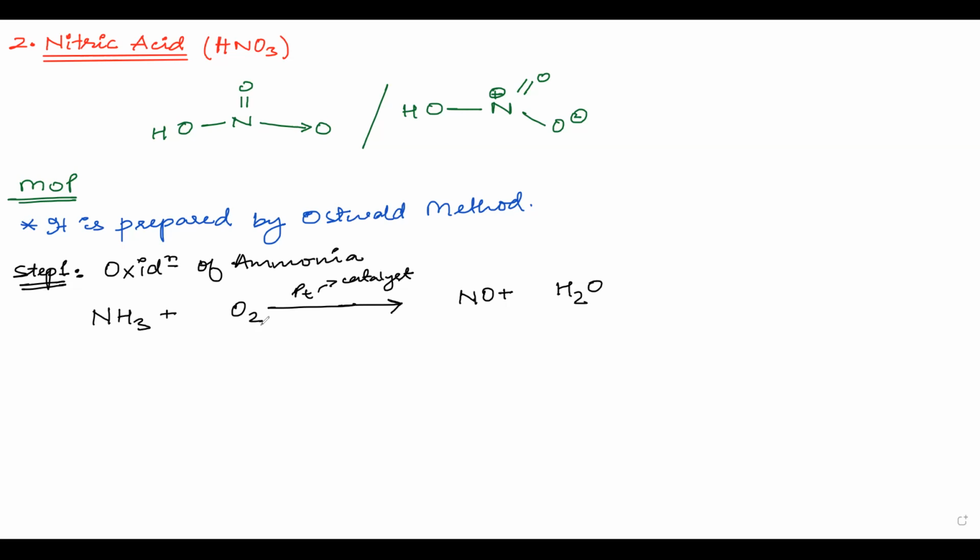For balancing, you can just do the hit and trial method. If I multiply by 4 here, oxygen is 4, and hydrogen is 6 here, then 5 O2. Now this is balanced, correct? Yes, it is balanced.